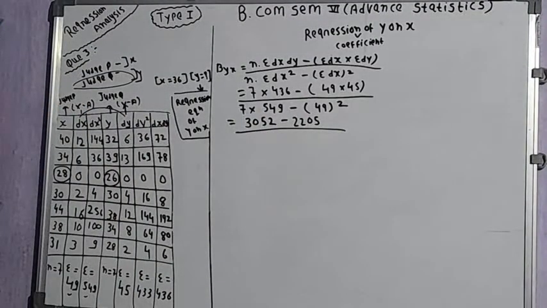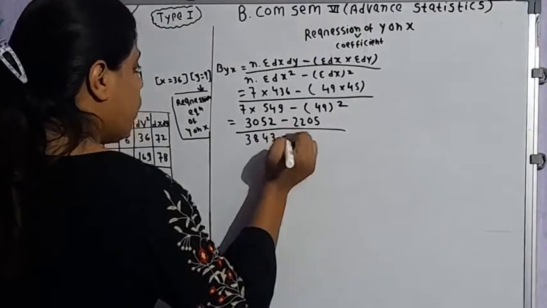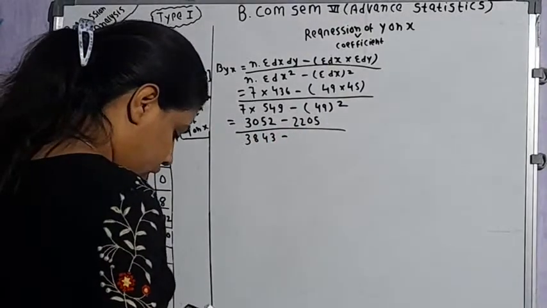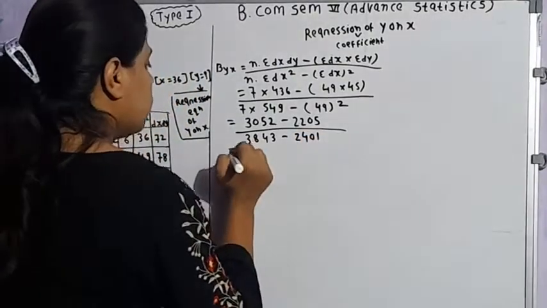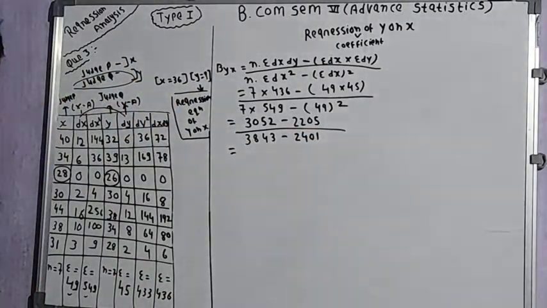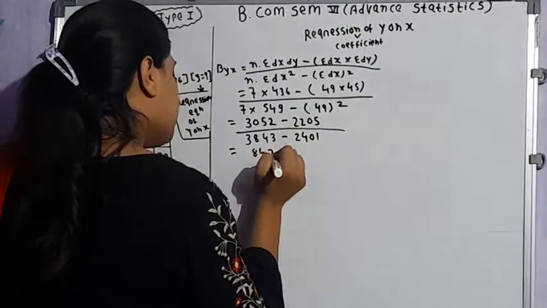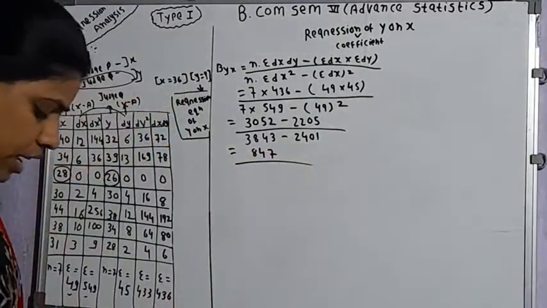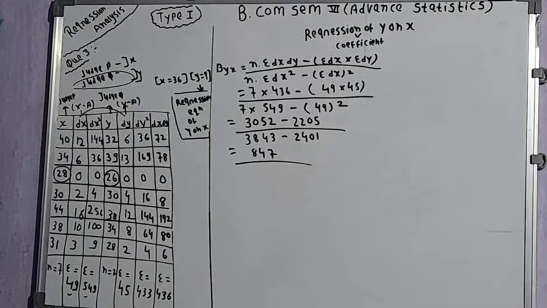Then 7 into 549 comes to 3843. Then square of 49 comes to 2401. So 3052 minus 2205 comes to 847. Then 3843 minus 2401 comes to 1442.